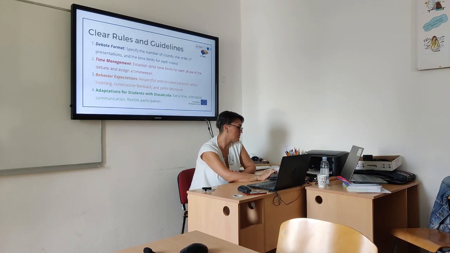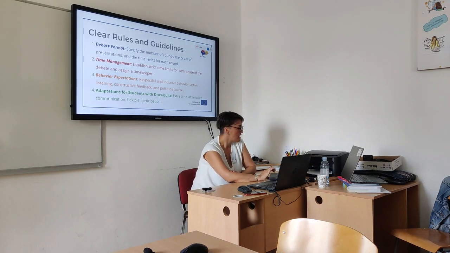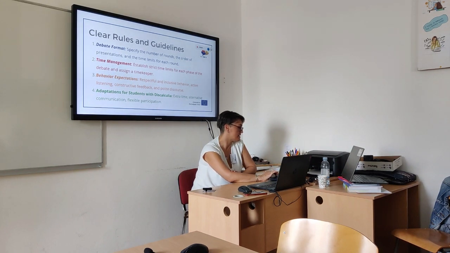Alternative communication. Offer methods of communication such as allowing students to use visual aids, diagrams, or verbal explanations to express their ideas. Flexible participation. Emphasizing effort and participation over strict accuracy.